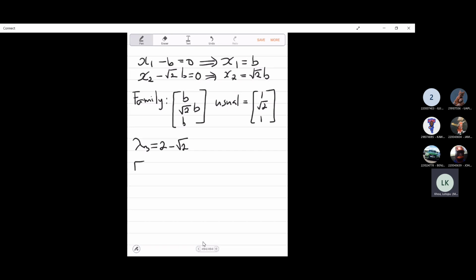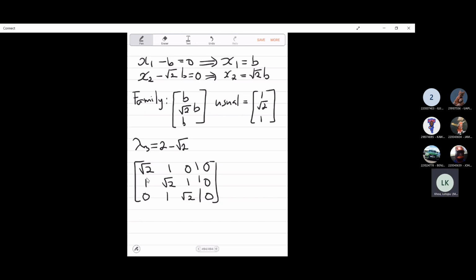So our matrix is going to be square root of 2, 1, 0, 0, then 1, square root of 2, 1, 0, 0, 1, square root of 2, 0. So again, the same thing. We try and get as many column vectors as possible.